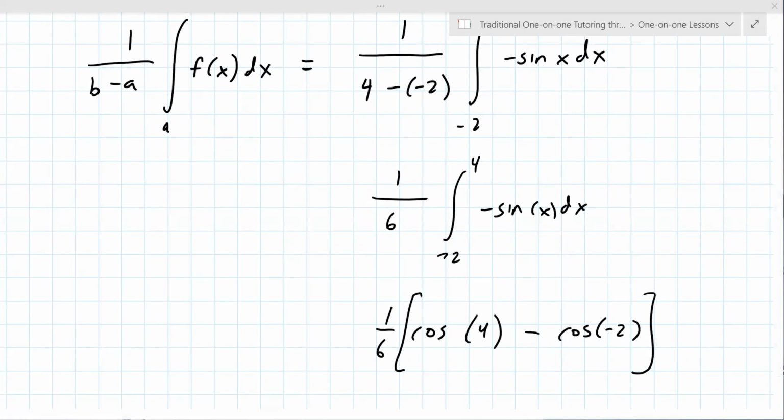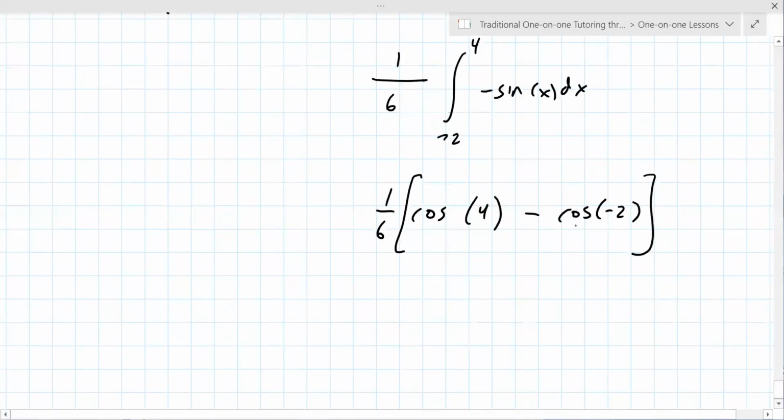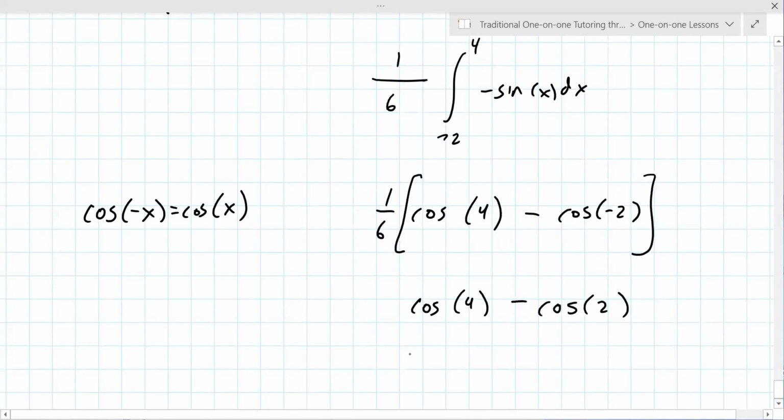Do you just combine those? Well, you actually can't combine them, but there is a little wrinkle here. The cosine of minus x equals the cosine of x. So the answer, the way it's presented in the answer sheet, is actually cosine of 2. Another one you might need is that sine of minus x equals minus sine of x.